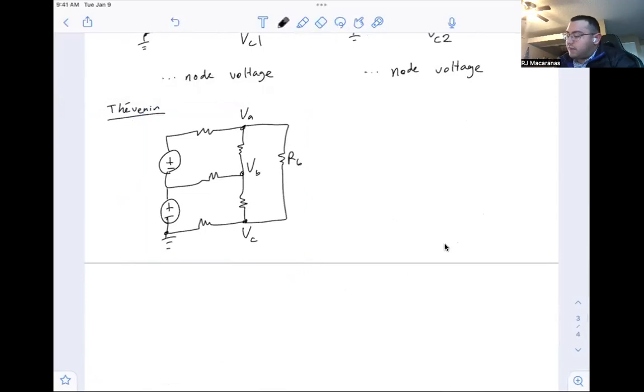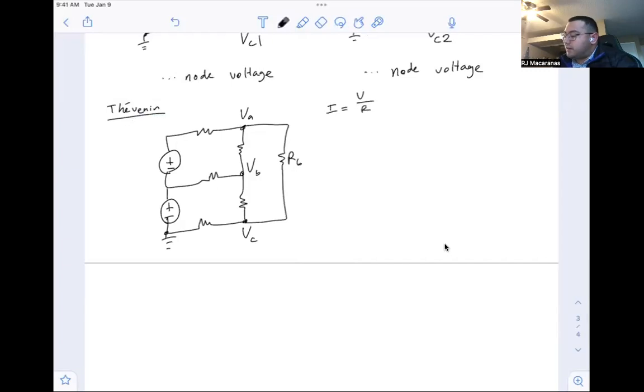So Thevenin says that we can simplify any linear circuit, any linear network, right? So any linear network means we've got voltage sources and resistors, and these resistors have a current-voltage characteristic of V divided by R. So these are linear graphs, linear in voltage and linear in current.